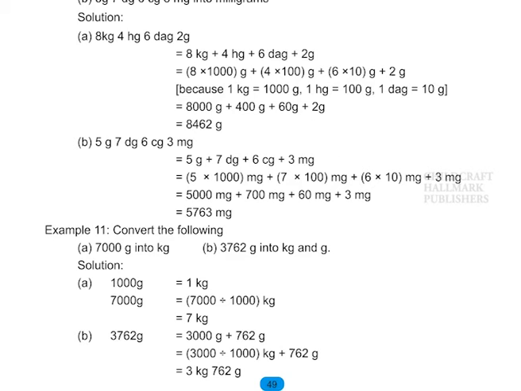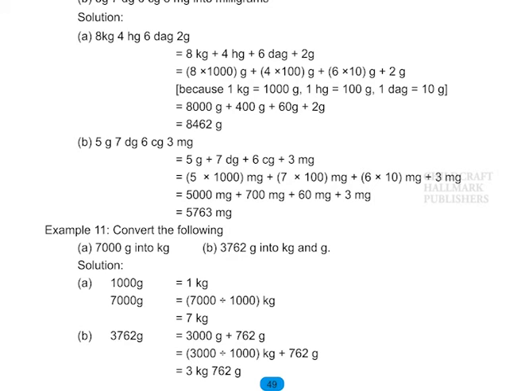This is equal to 8000 grams plus 400 grams plus 60 grams plus 2 grams, is equal to 8462 grams.